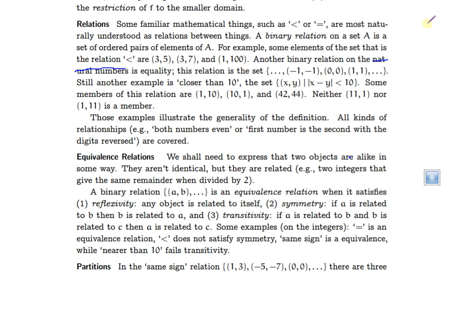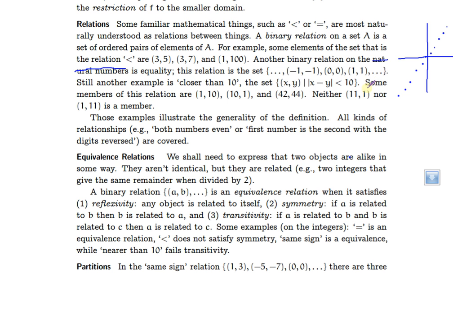You could actually graph that in the plane. If you graph this set of ordered pairs for the integers, you get all these points on this line here. So this is another way of representing relations, by a two-dimensional graph. These are all different representations of the very same concept.